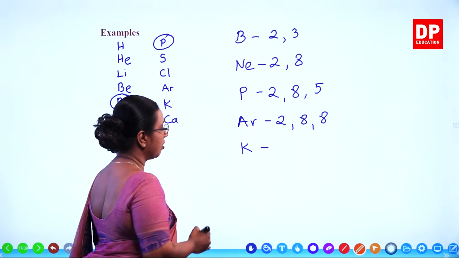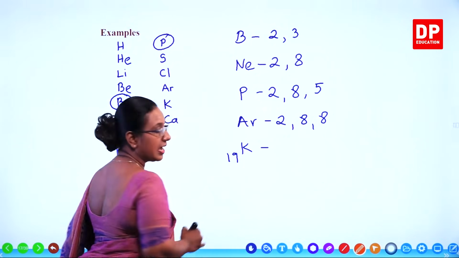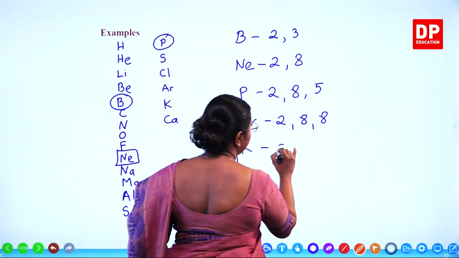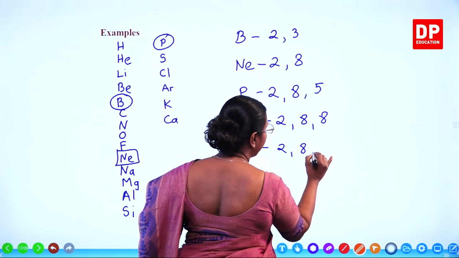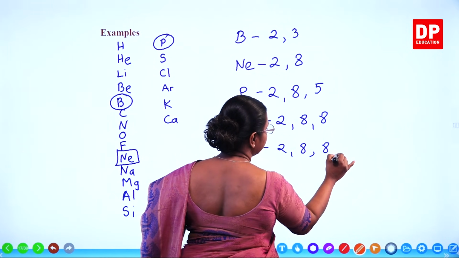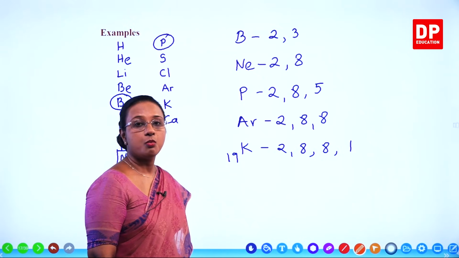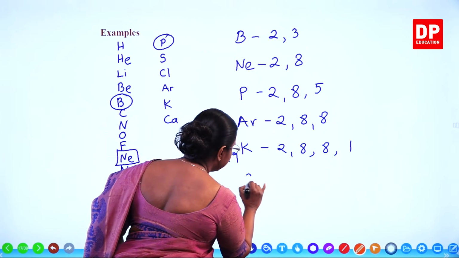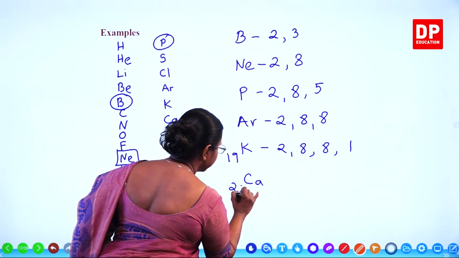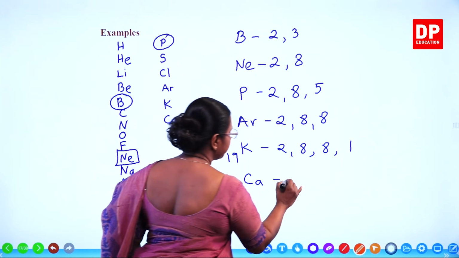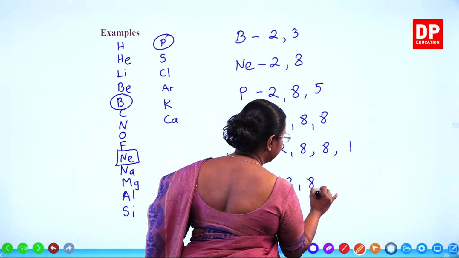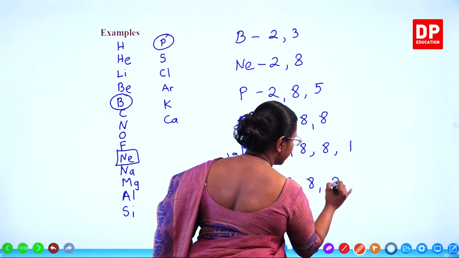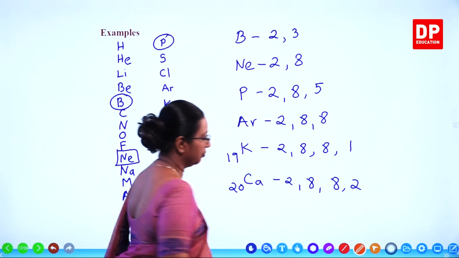Again, to remind you all, the atomic number is 19. We will have 2, 8. We can't write 9. We have to write it as 8 and 1. And calcium, the last element, which has atomic number 20, 2, 8. We can't write 10. It has to be 8 and 2.